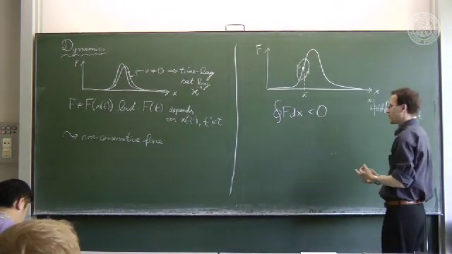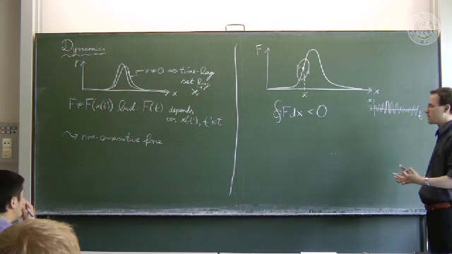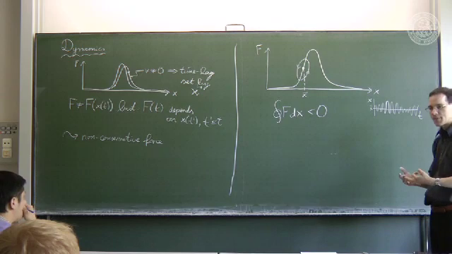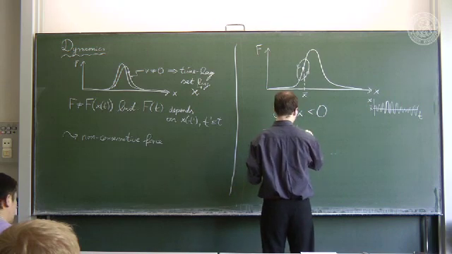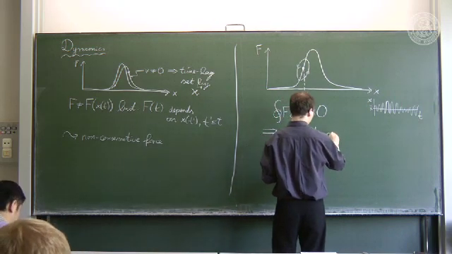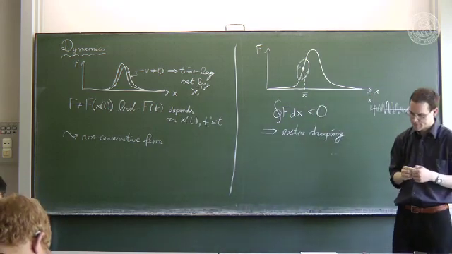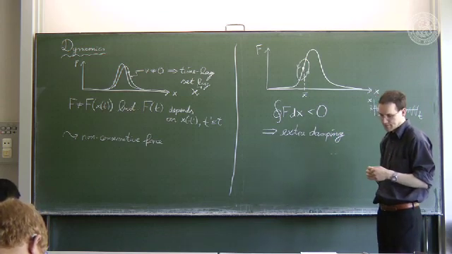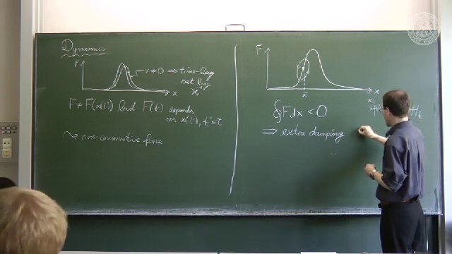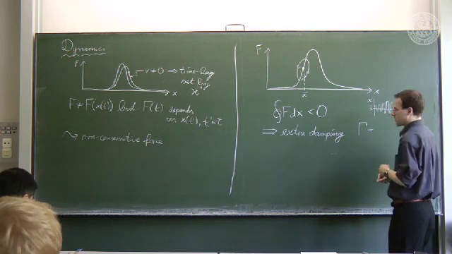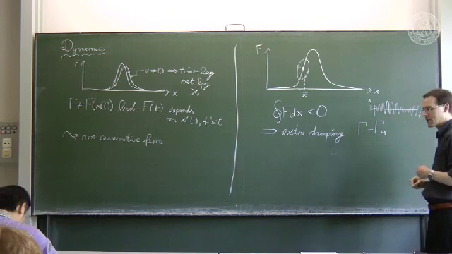That means the light field, the force provided by the light field, really extracts energy from my mechanical motion. And if this happens, you can call it a kind of extra damping. So this is some damping induced by the light field. So you could say gamma, the overall damping rate of my mechanical system, would consist of the intrinsic damping rate that we discussed briefly.